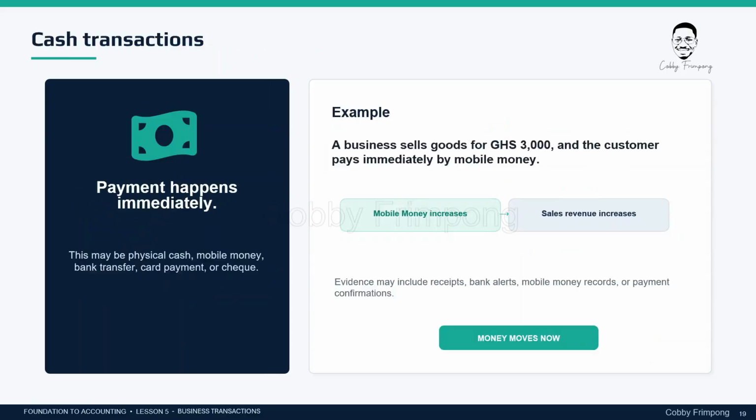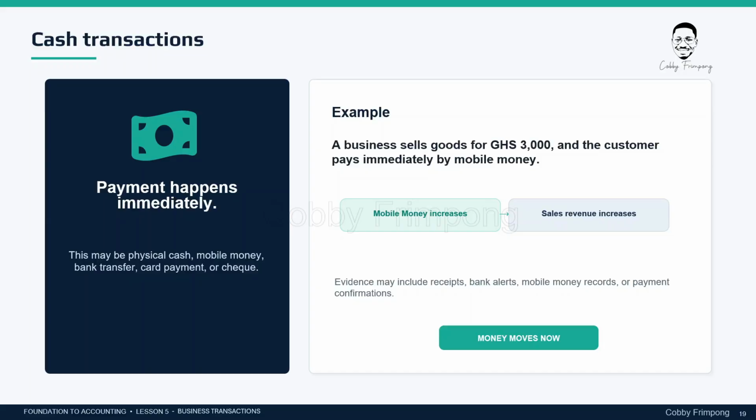Cash transactions. A cash transaction is a transaction where payment is made or received immediately. This does not only mean physical cash. It may include mobile money, bank transfer, card payment, or check, depending on the payment method.